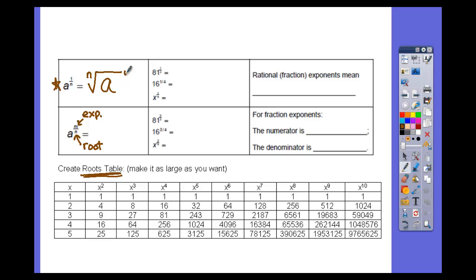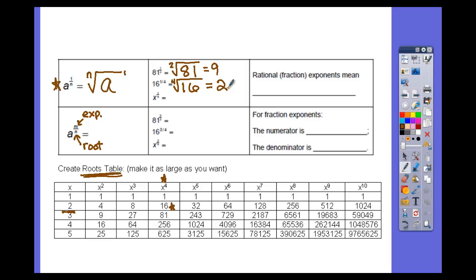Okay, so when you're doing 81 to the 1/2 power, you're doing the second root, or the square root, of 81, which is 9. 16 to the 1/4, you're doing the fourth root of 16 to the first power. And this chart down here, you go here where the fourth is, 16 is right here, and the root is 2. So the answer is 2.